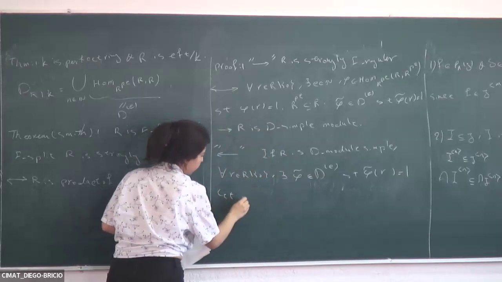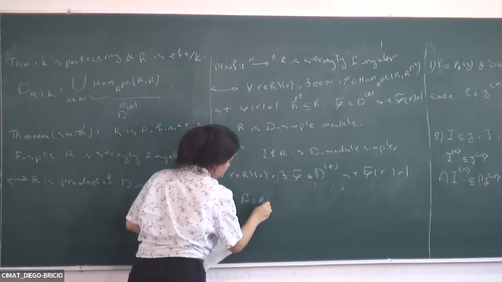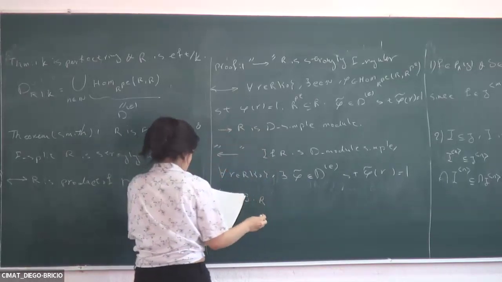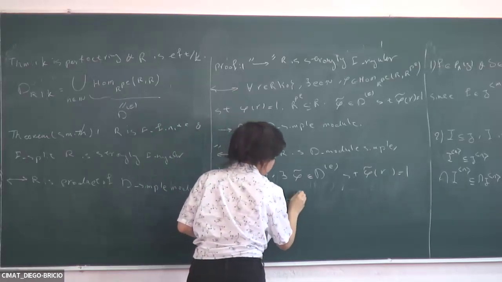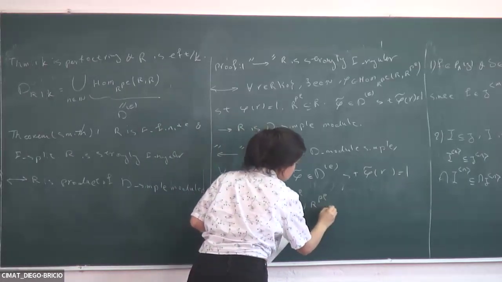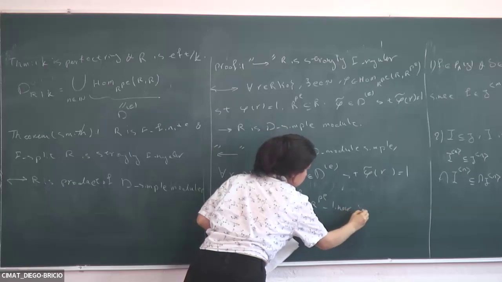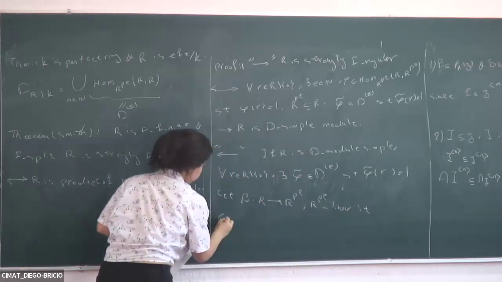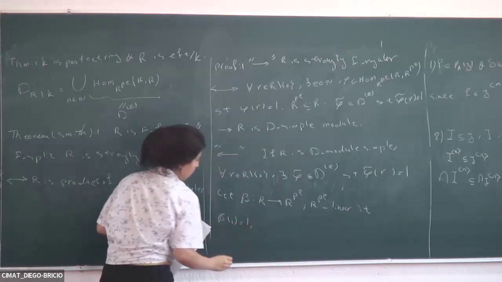So let theta be a map from R to R^(1/p^e), that is R^(1/p^e)-linear, such that theta of 1 is equal to 1.